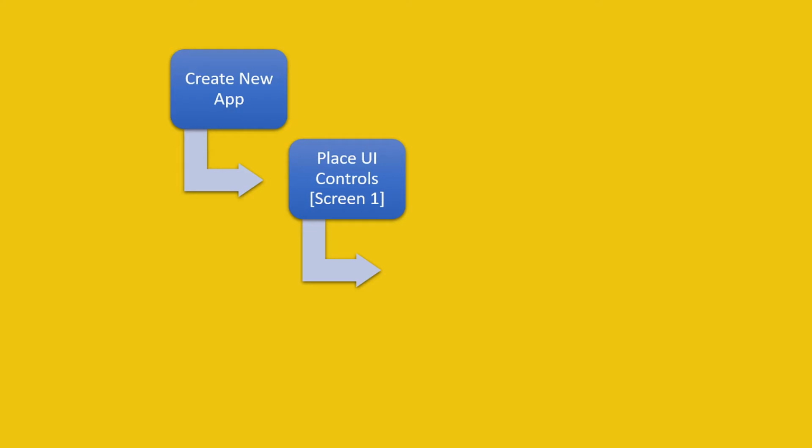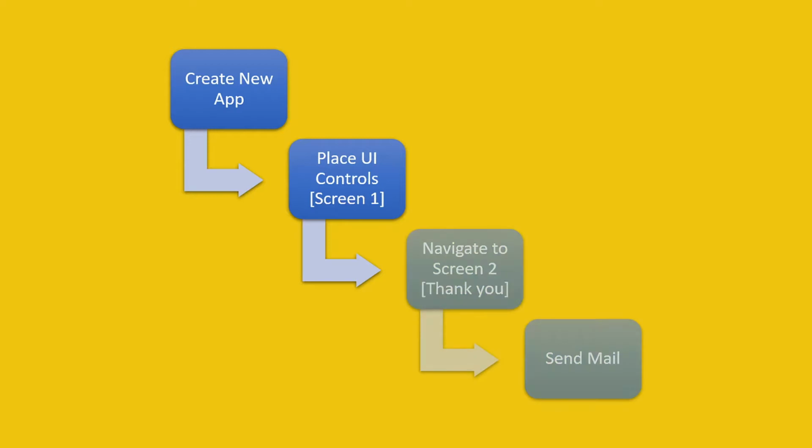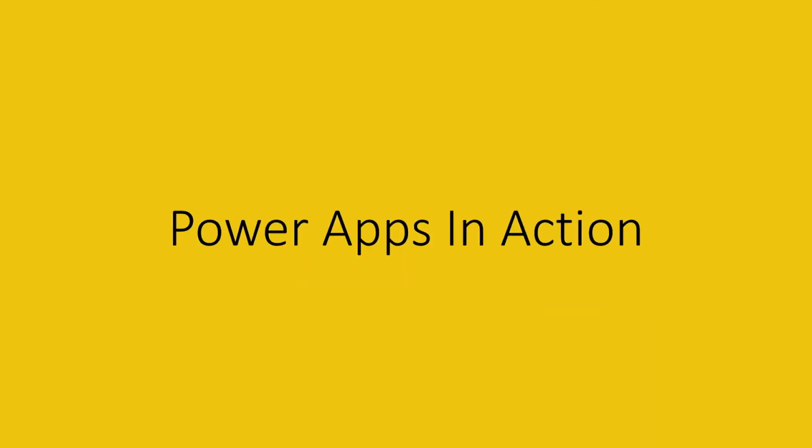Upon clicking the submit button, we will be navigating to another screen which shows a success message, along with sending the data captured in the first screen to a predefined email ID. So let us start the demo.